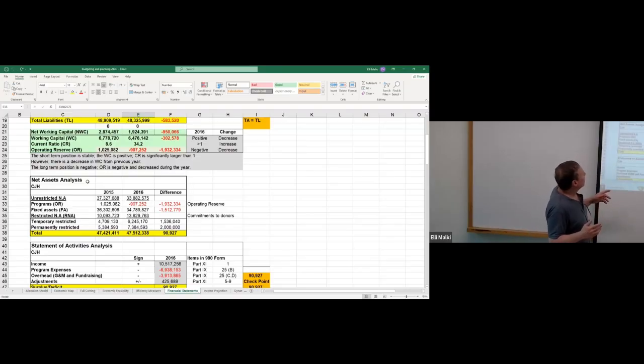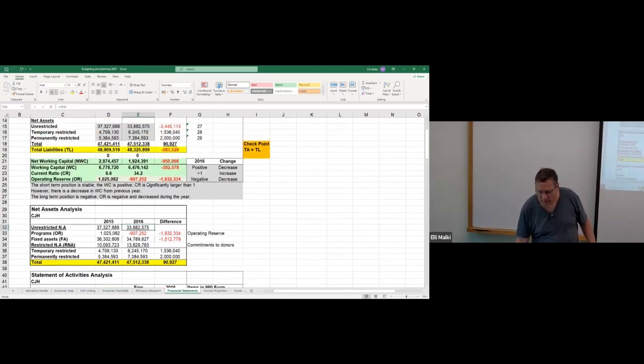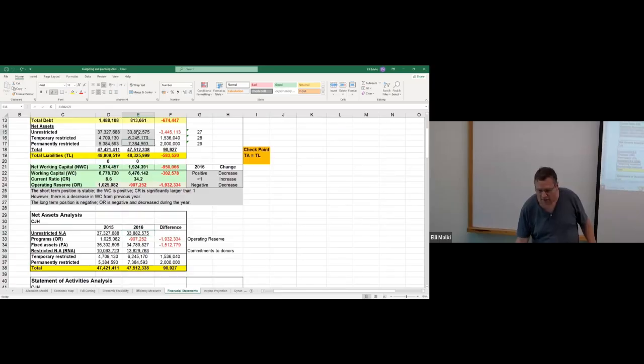So what we see here, we have the unrestricted net assets, 33.882. This is exactly the number that is inserted here. So this is taken from here. Also, we have the restricted net assets, which I call RNA, like in biology. If you remember the COVID vaccines, they're all based on RNA, but it's a different RNA.